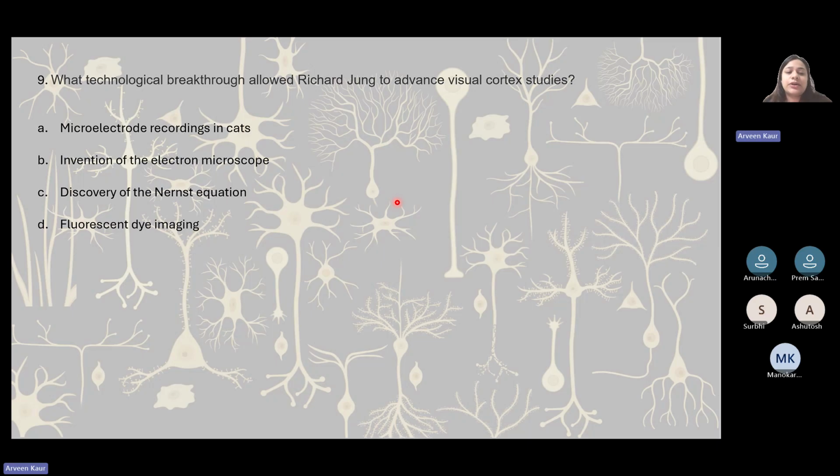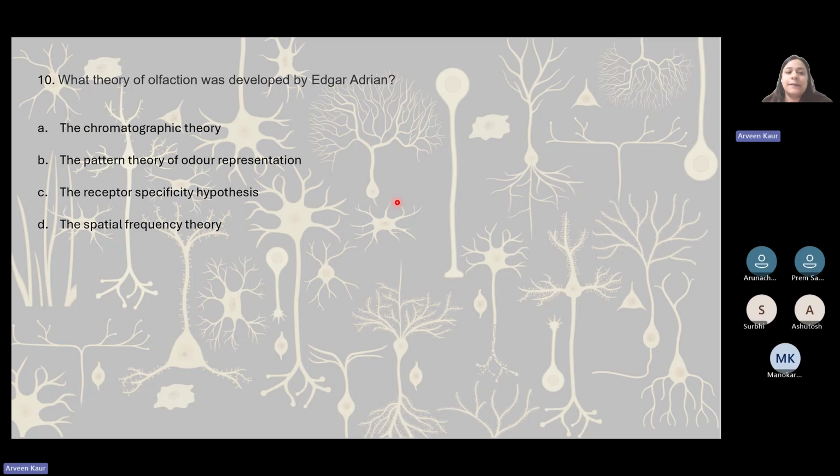The Nernst equation was used for the resting membrane potential, which was not the study of this week's lecture, and Richard Young was not really working on that. The electron microscope was also not talked about in this relation. So, multi-electrode recording in the cat is the correct answer.